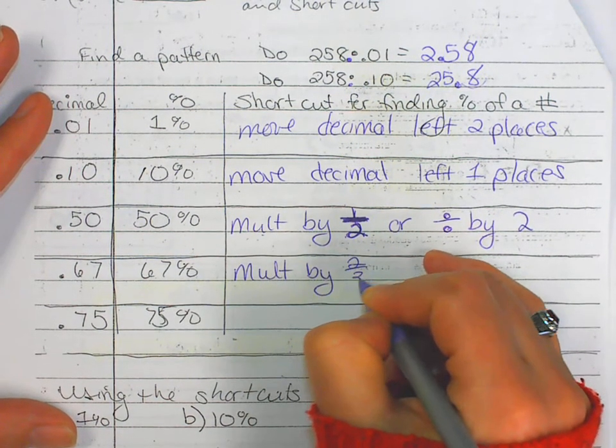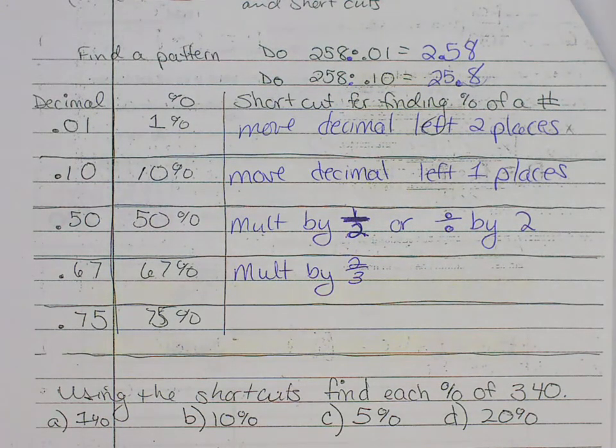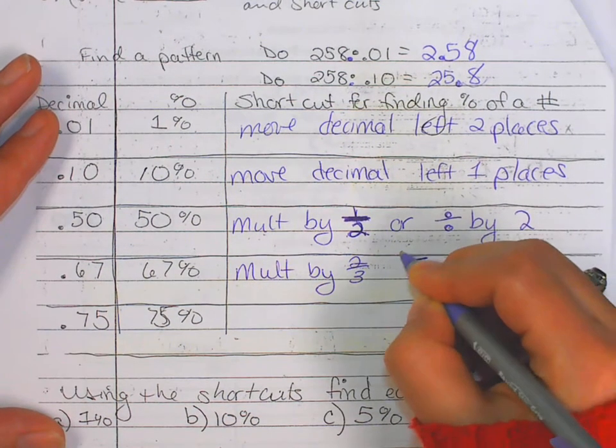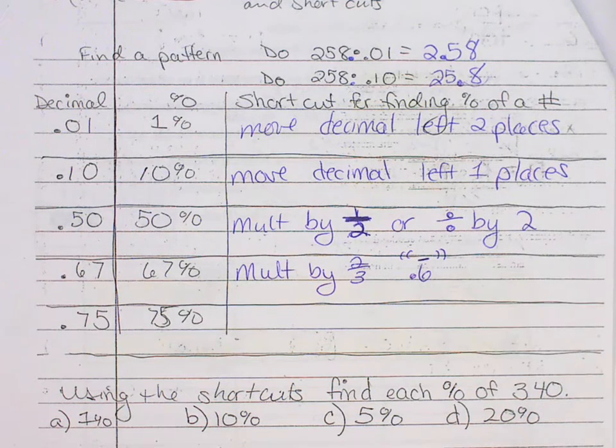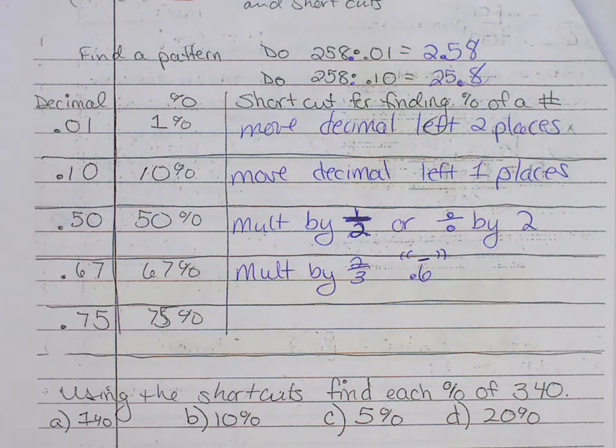These are shortcuts. Multiply by 2/3, otherwise known as 0.6 repeating. Okay, and that's close. That's not 0.67. That's a rounded version. So we're going to do some estimation.